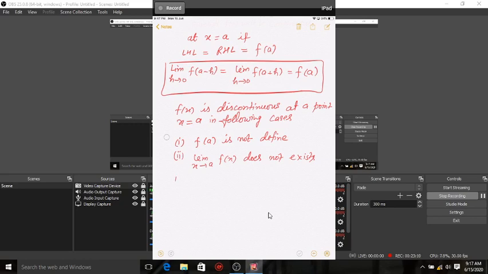And third one is limit x tends to a f(x) is not equal to the value of the function, then also the function is discontinuous. But in third point, the discontinuity is called removable discontinuity.